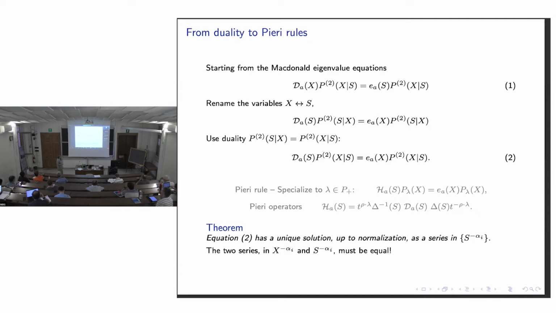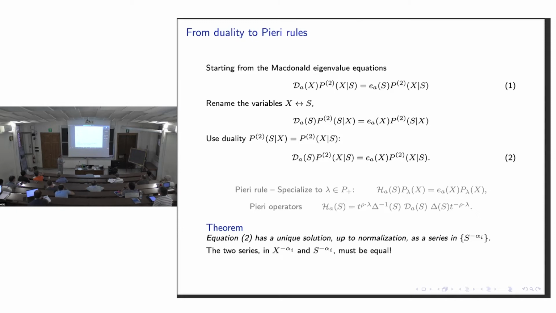And so you have an infinite series in s, and it should be equal to the infinite series in x if you picked your normalizations correctly. So analytically, it's not obvious what that means exactly, but whenever you specialize the integer partitions, that's certainly true. So without considering questions of convergence or anything like that, you have a series in s is equal to a series in x.